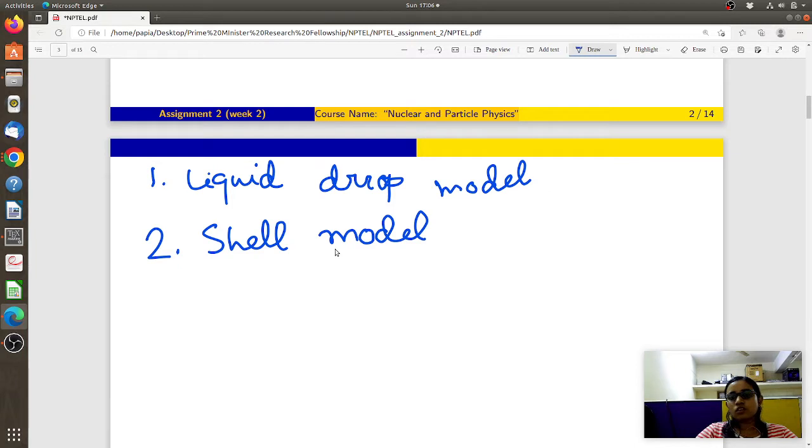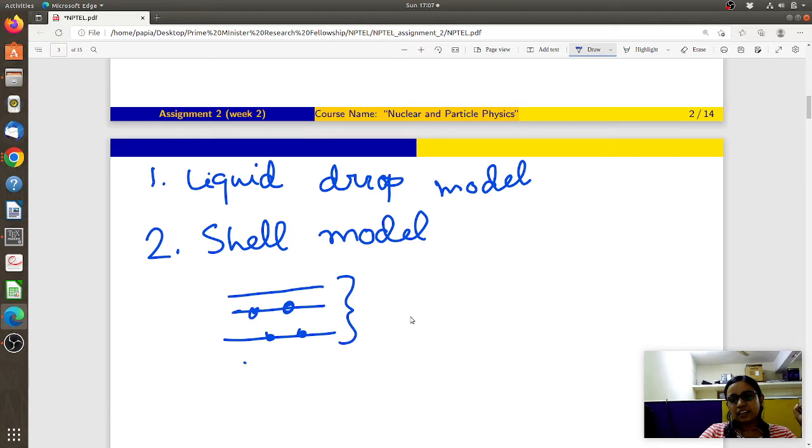So what is the shell model? It is very much equivalent to the electronic shell model. In the electronic shell model, we assume that each and every electron is placed in a shell, with many energy levels where electrons stay. Similarly, nucleons are placed in shells, just like the electronic shell model.